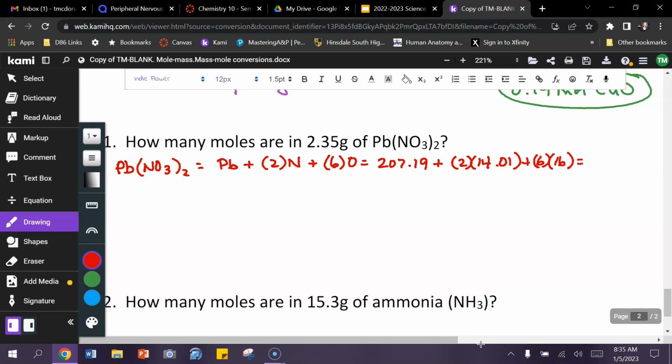And when you plug that into your calculator, you get a molar mass of 331.21 grams per mole.